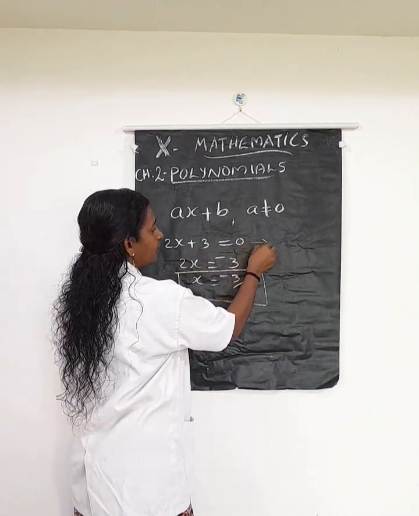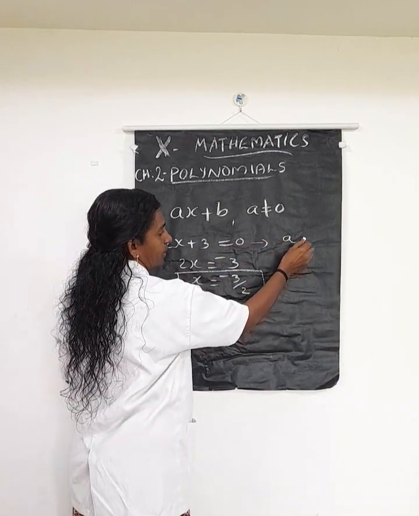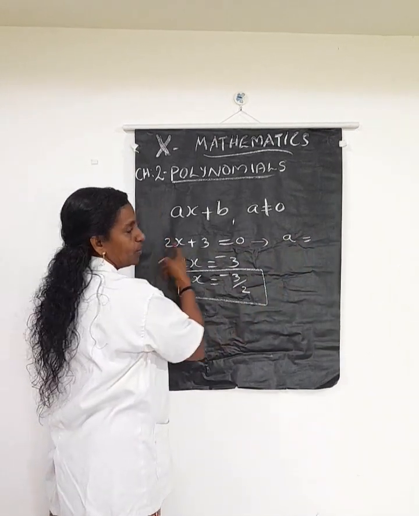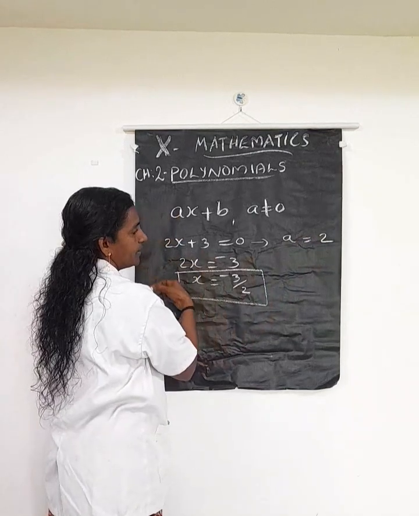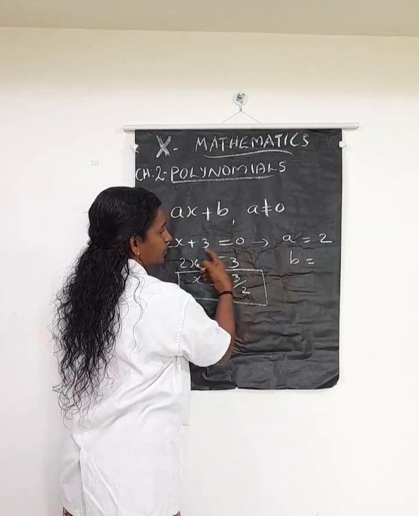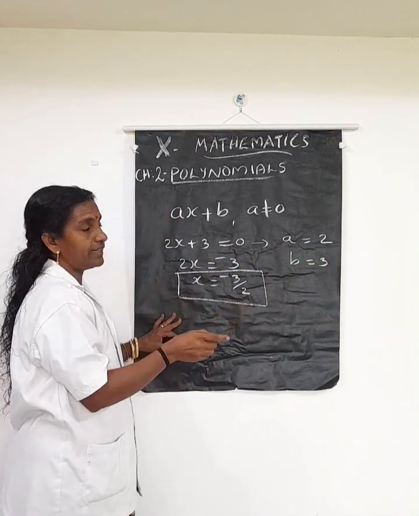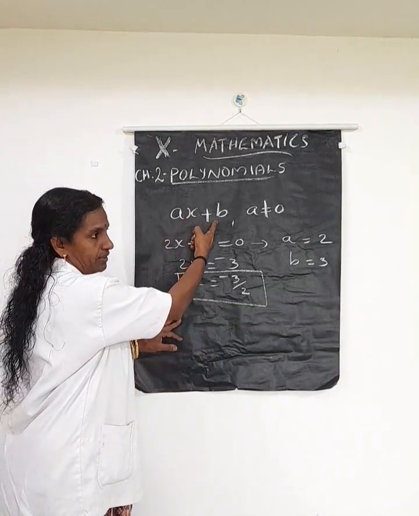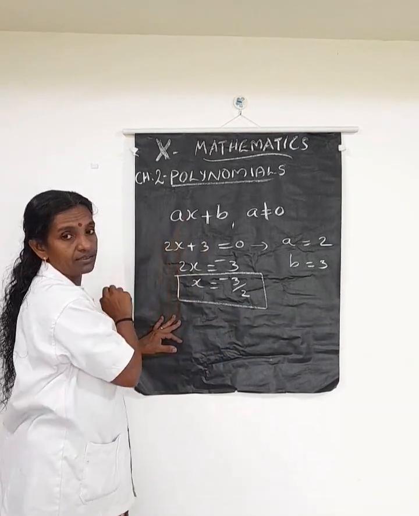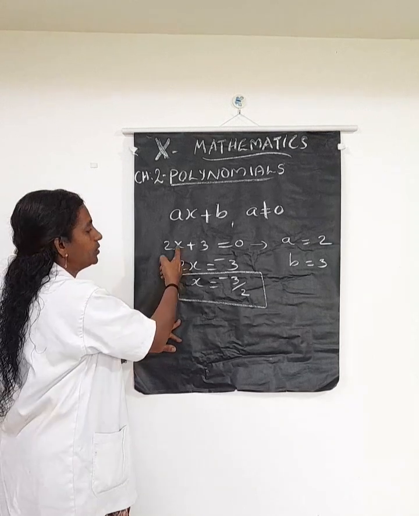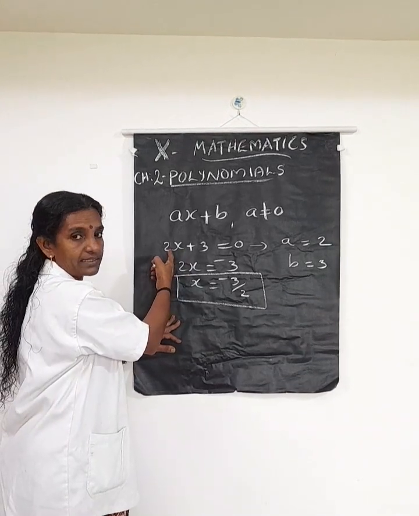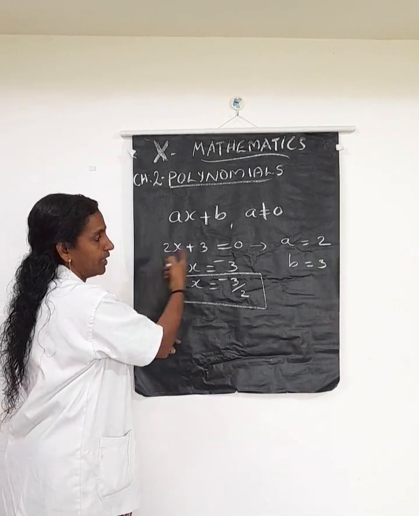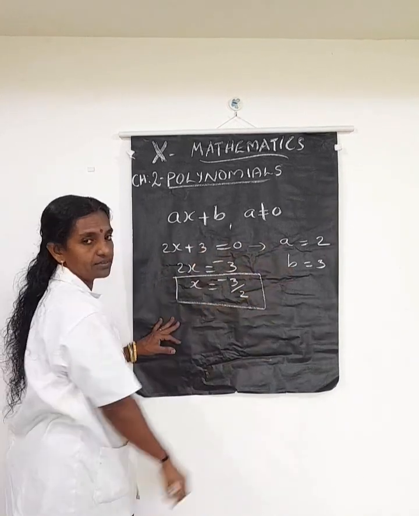From this polynomial you can write the values of a. What is a? A is equal to 2. And what is b? B is equal to 3. That is the standard form, ax plus b. Here we are comparing with the given polynomial. So, the coefficient of x is a, that is 2, and the constant is 3.